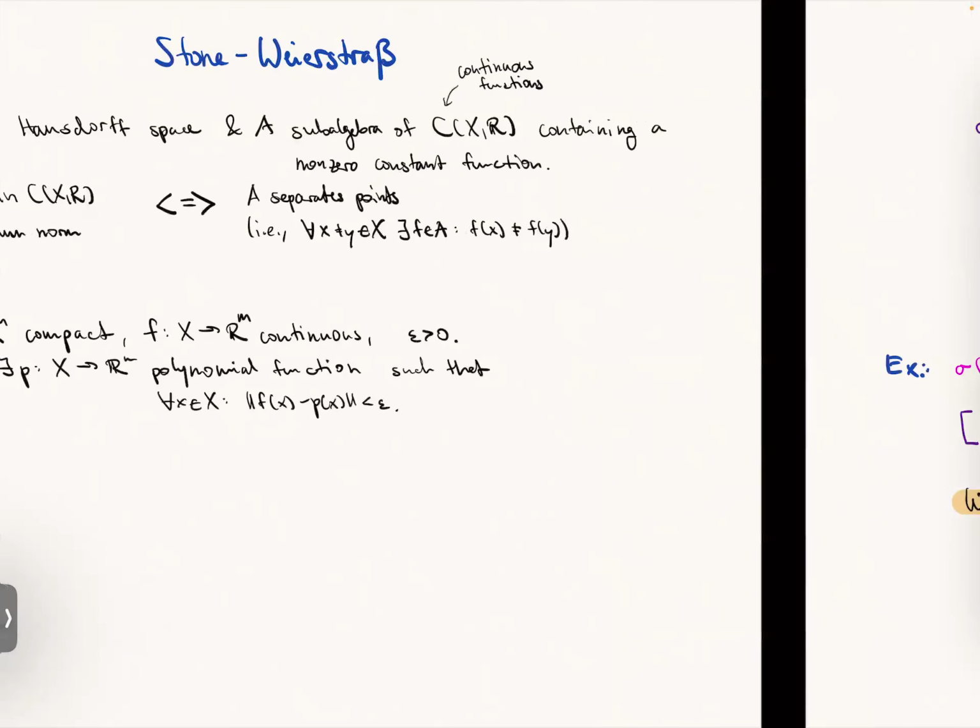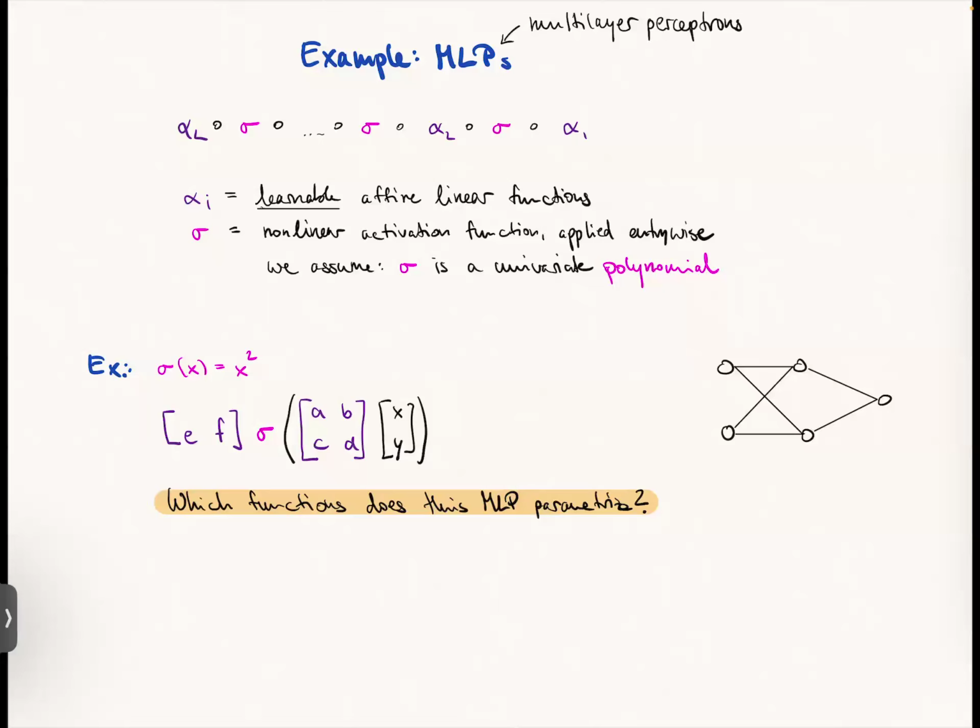Okay, every time you see a question that's highlighted in orange, that means there's a question for you guys, okay? So let me just warm up with some easy examples. In multi-layer perceptrons, the standard way of how they are defined is here on the slide in this alternating pink and purple composition of functions.